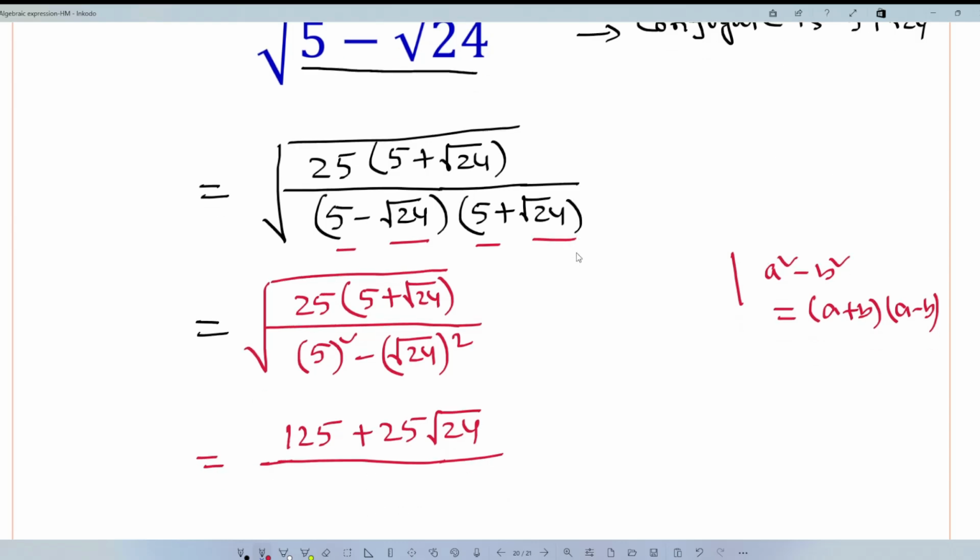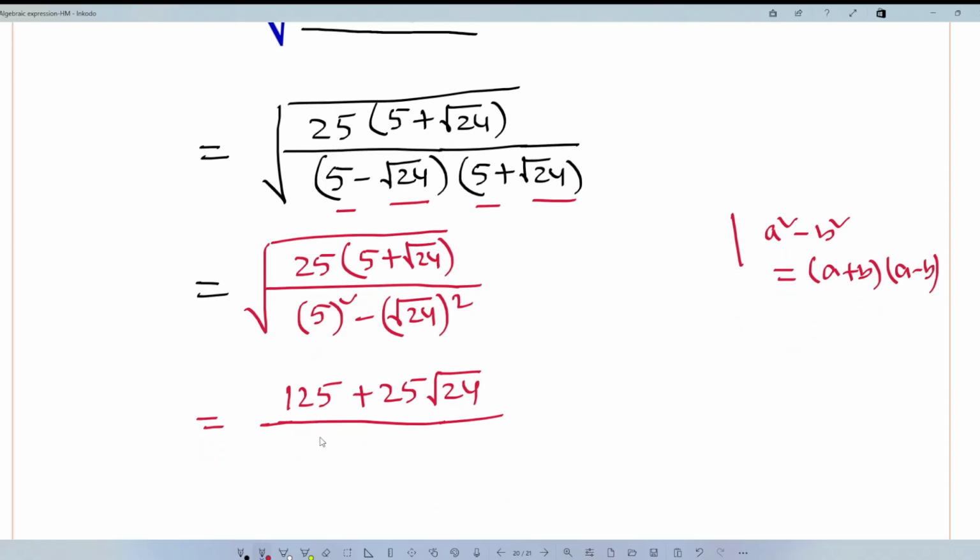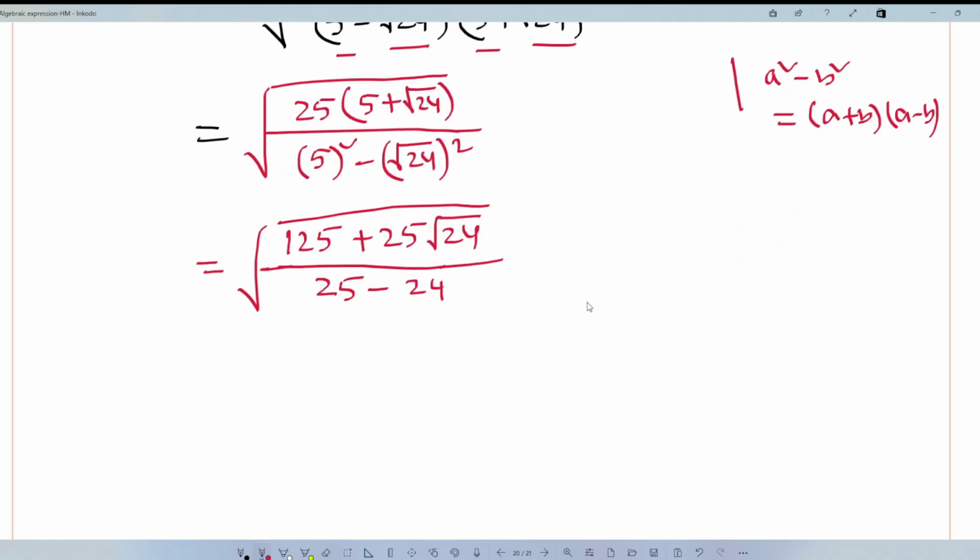And the denominator is 5 square, which is 25, minus root 24 square, which is 24. So 25 minus 24 is 1, no need to write it. So here we have 125 plus 25 root 24, all under a root.